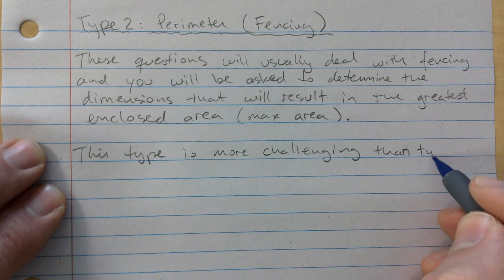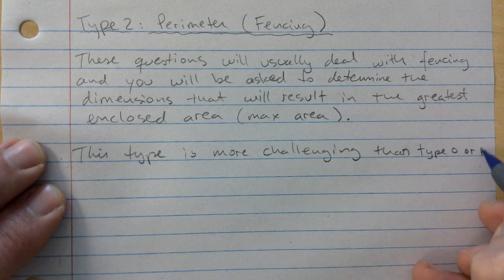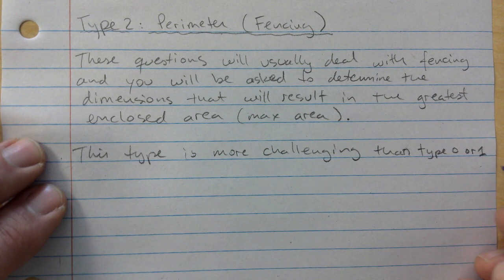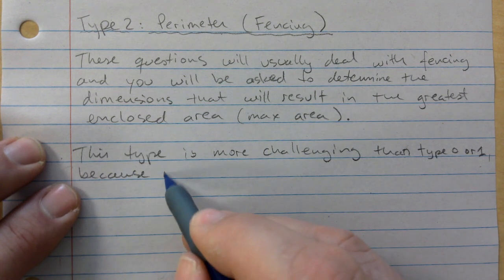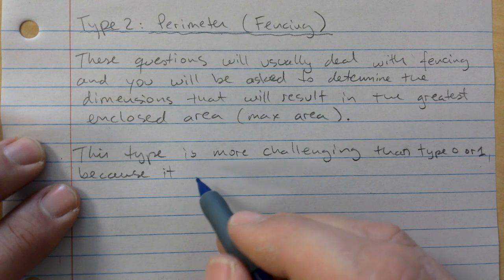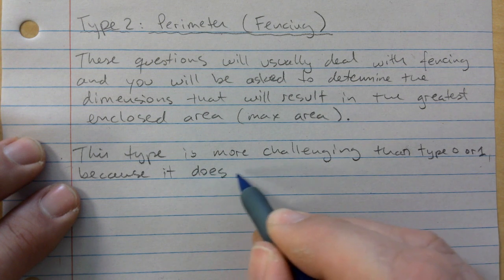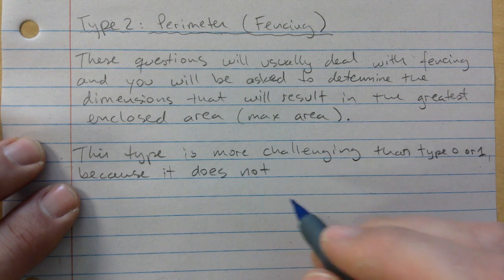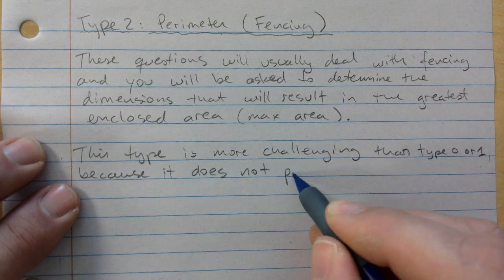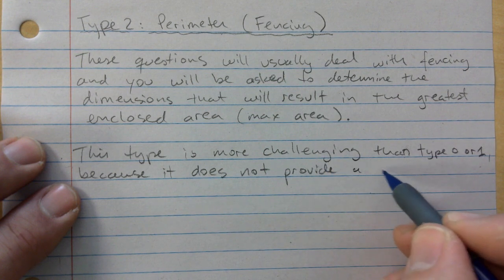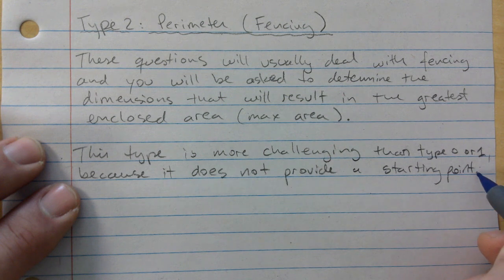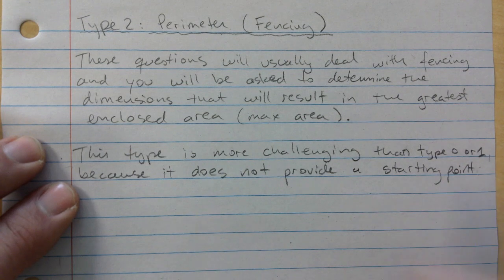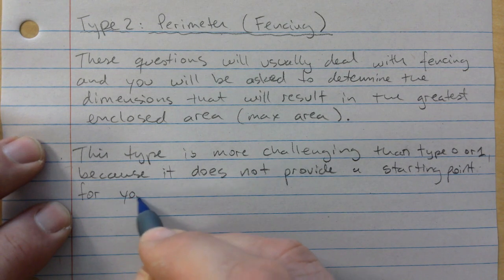And type 0 or 1, because it does not provide a starting point for your table.